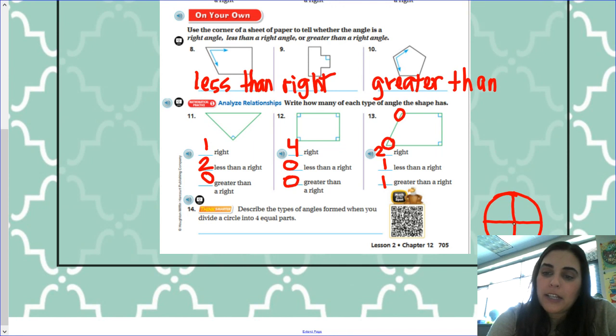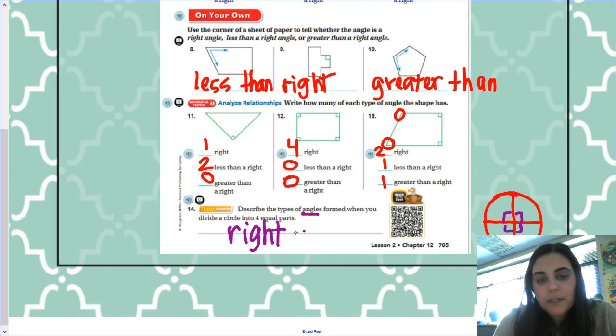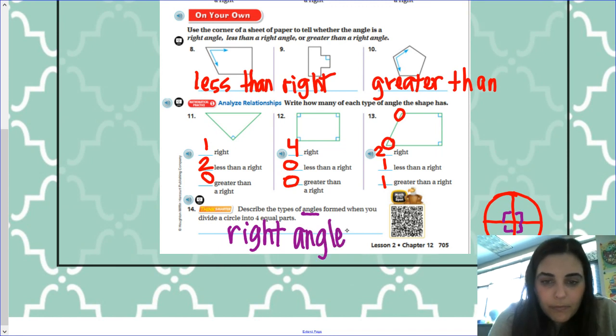So right here in the center is where we have 4 new angles, and it kind of makes a perfect T. Well, if we were to look at these with the corner of a piece of paper, they would all be right angles. So if we cut this circle into 4 equal pieces, the types of angles that we just made, well, they're all right angles.